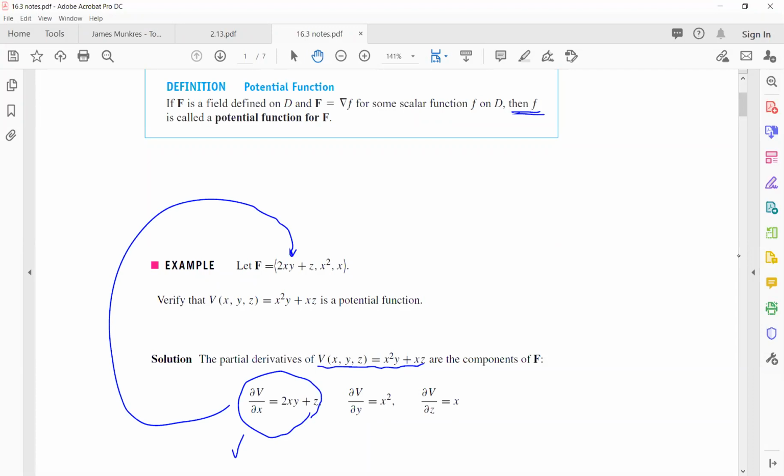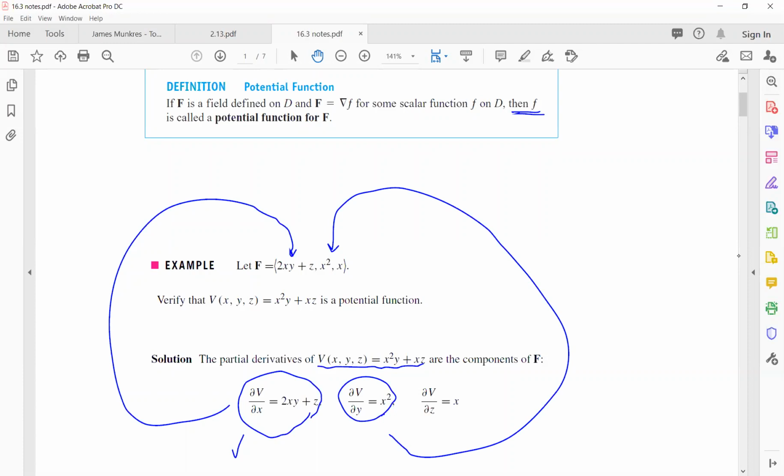When you take the derivative with respect to y, you have x squared. Now check to see if the partial derivative with respect to y is equal to the second component here. You can actually see x squared here. So the partial derivative of the scalar function with respect to y is equal to the second component of your vector valued function.